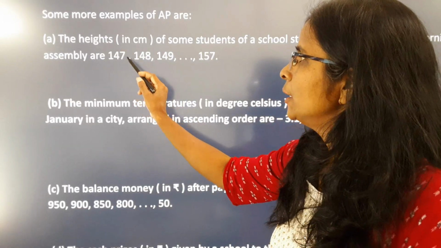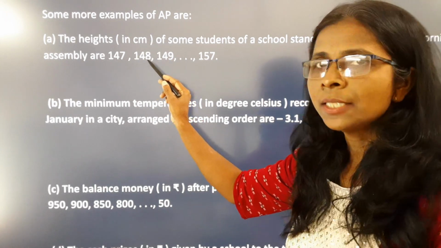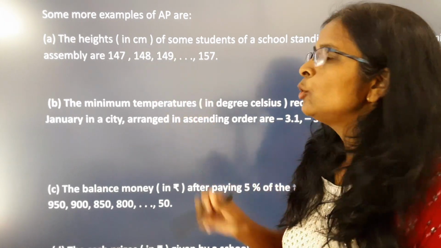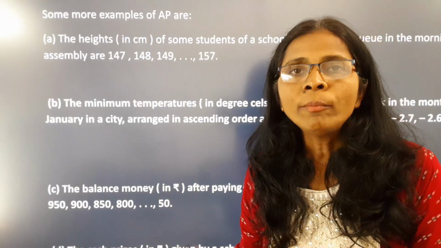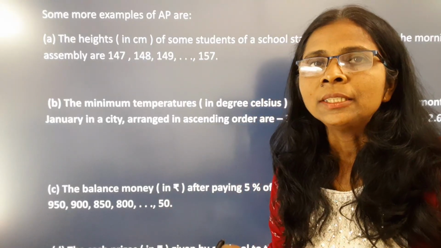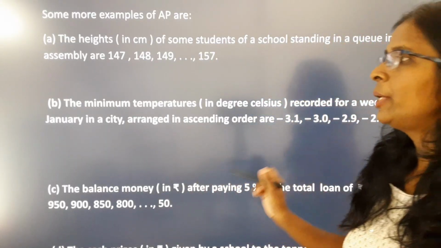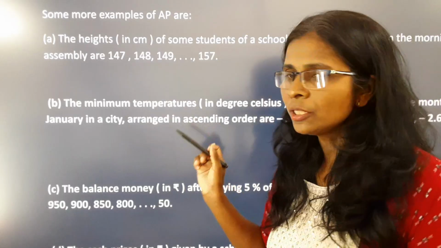If you add 1, we get the second term. Adding 1 to the second term, we get the third term. This way the common difference is 1, and so this is an AP. Second example, the minimum temperatures.